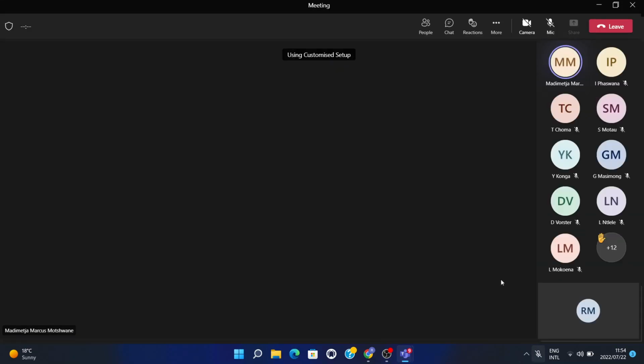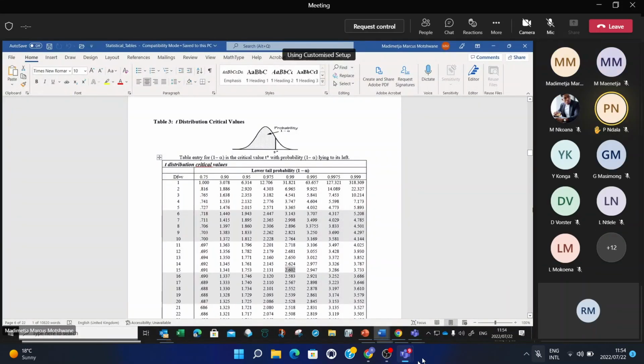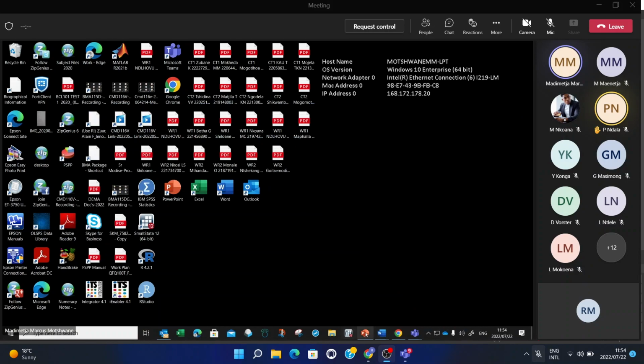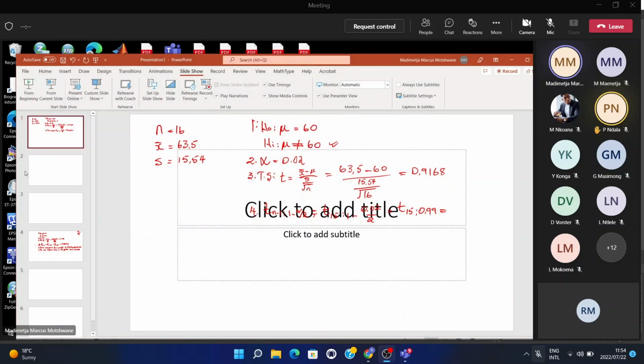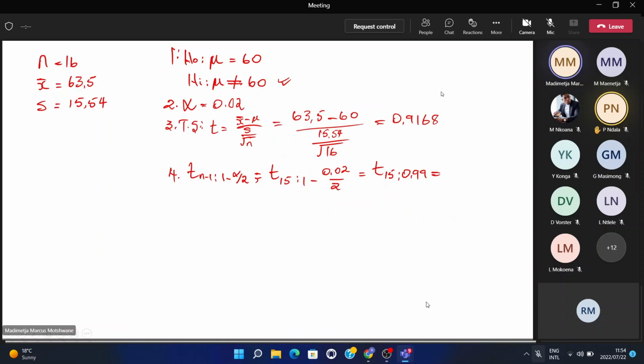2.602. That is correct. All right. So our t value is 2.602. We're going to use this in our problem to finalize the problem.